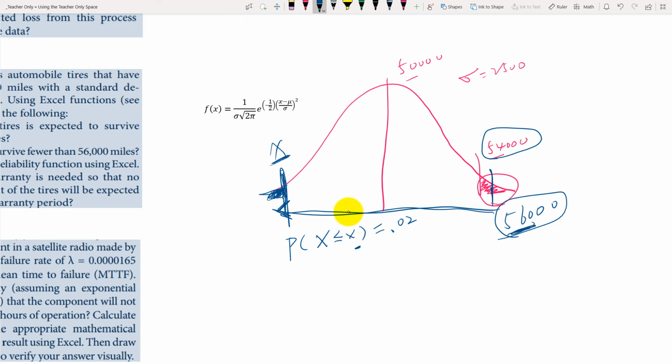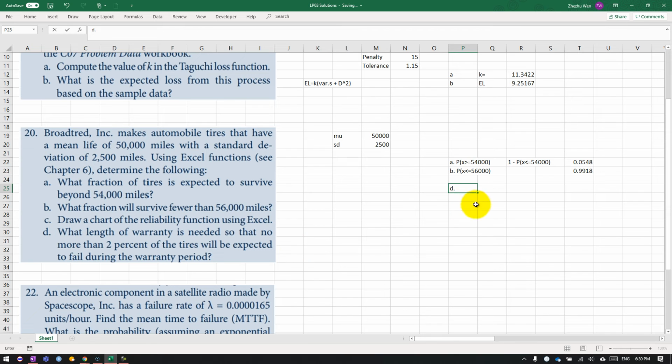What is such X? This problem can be easily solved by utilizing the norm inverse formula, which I'm going to show you now. The capital letter X represents all the values of X's.